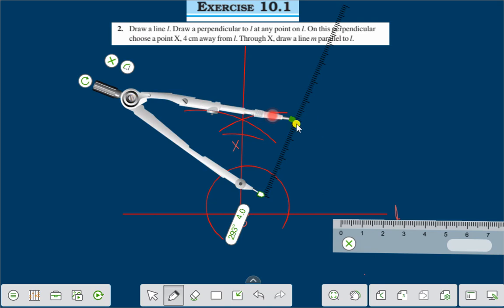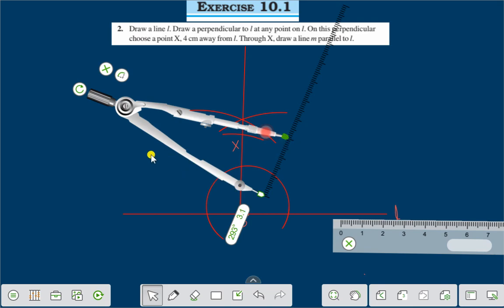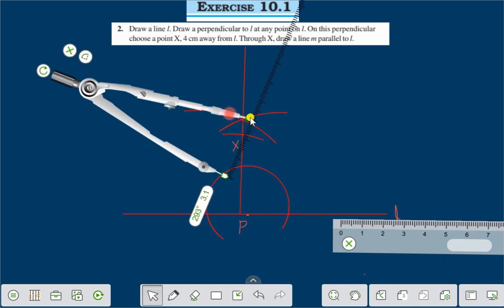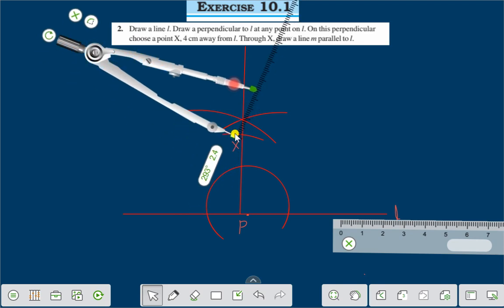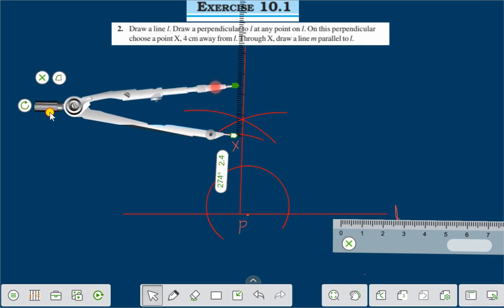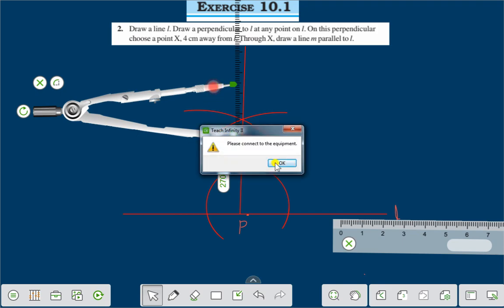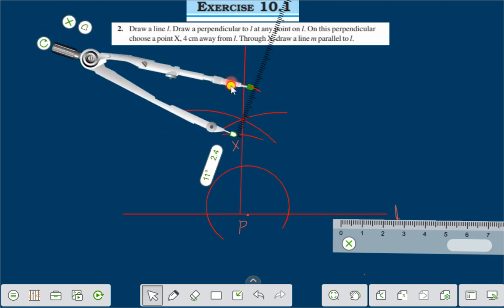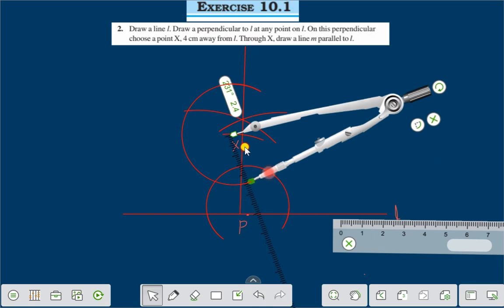With the help of the compass, first of all you have to make an arc with this point. Let us take an arc here at this point. Right?